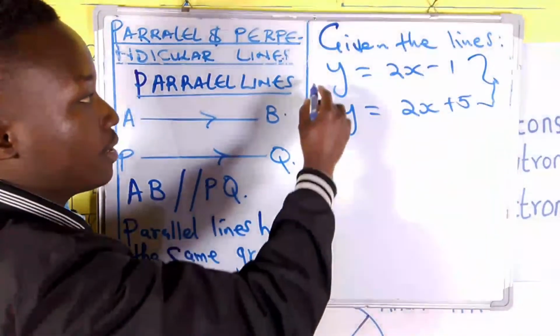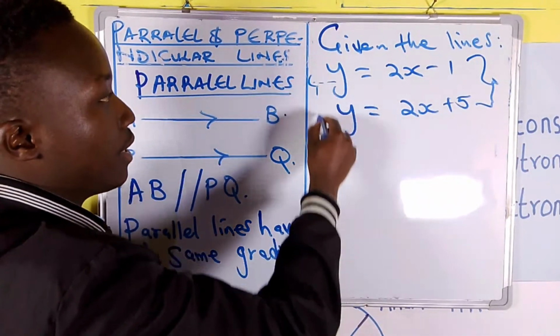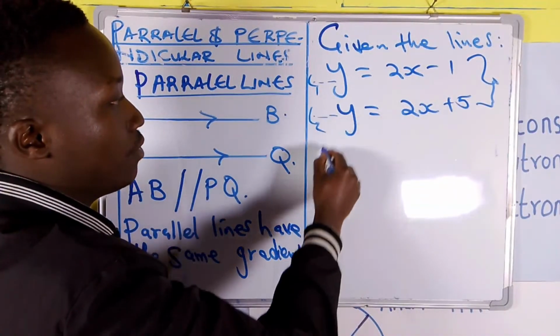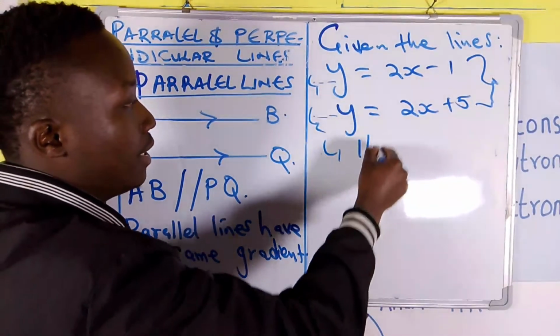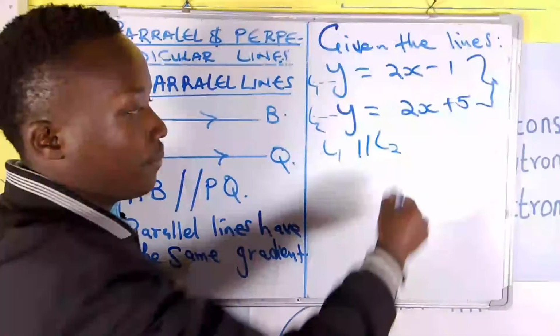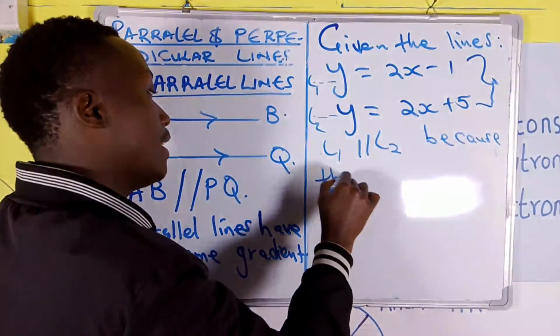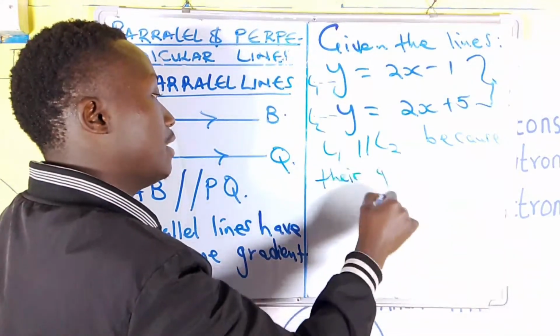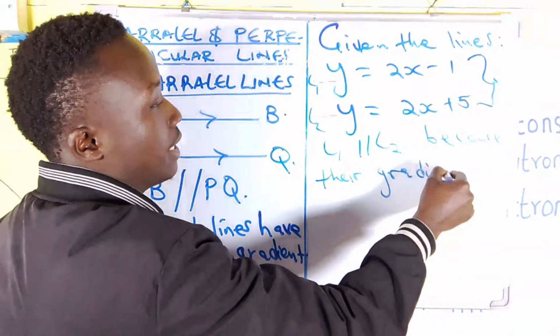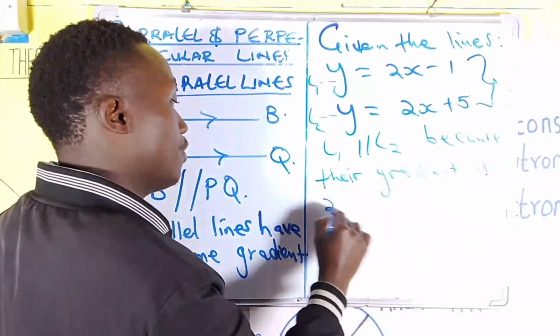If we say this is line 1 and this is line 2, we can say that line 1 is parallel to line 2 because their gradient is 2.